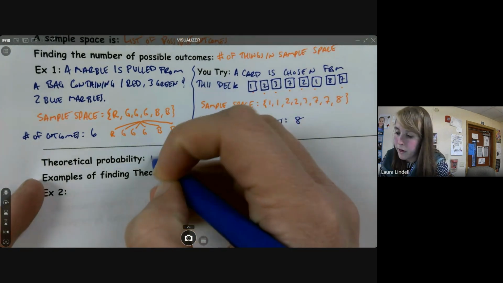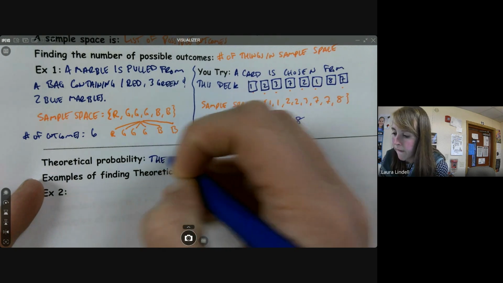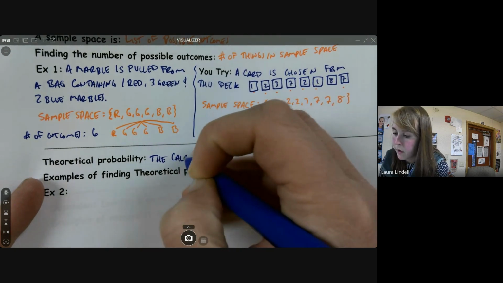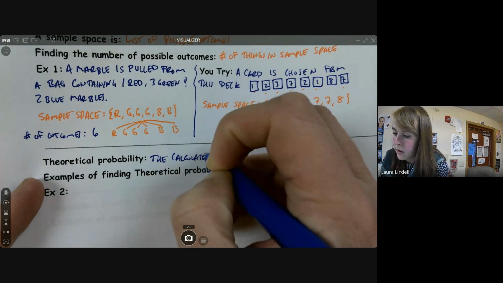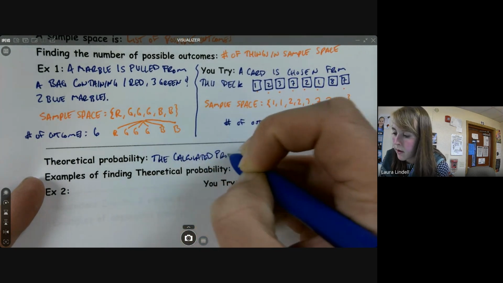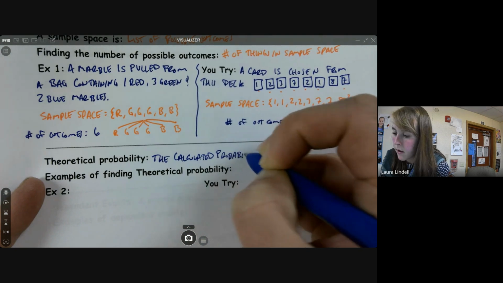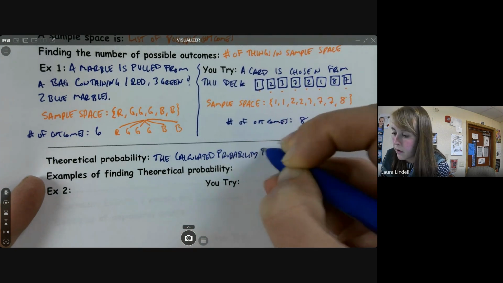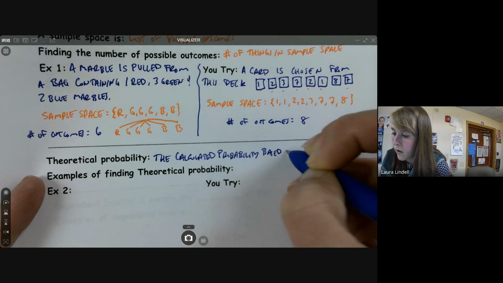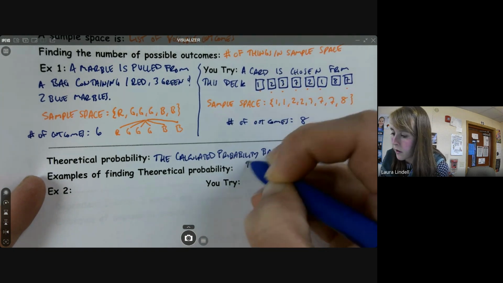It is the calculated probability based on a theory.